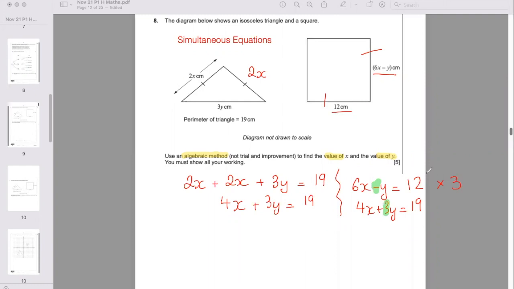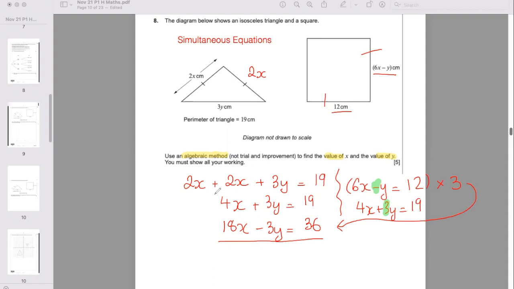So if I times the first equation by 3, what I'm going to get is 18x, and I'm going to get -3y, and I'm going to get 36. Basically, that is that here. Now it's quite nice and convenient that I have these two equations.